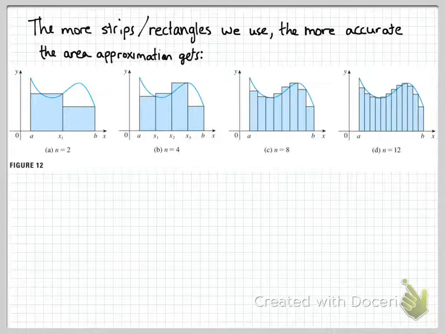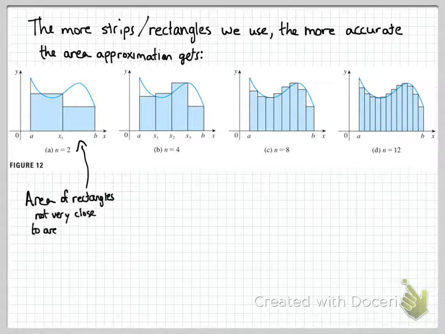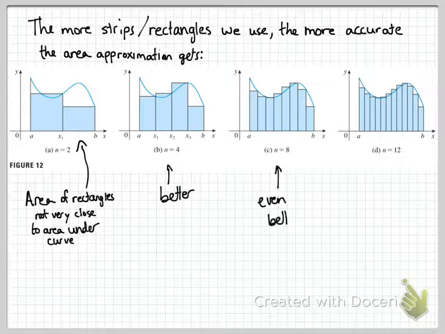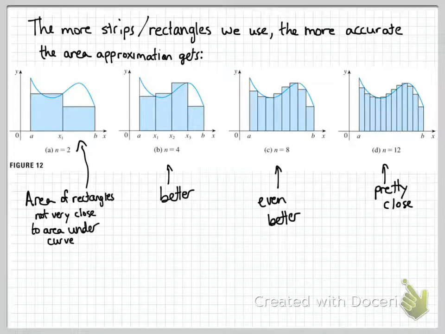So I'm only leaving out or overestimating areas by tiny bits. And you can imagine if I used like 100 rectangles, it'd be very, very close indeed. So more rectangles, more strips, makes your area approximation closer and closer to the actual area under the curve.